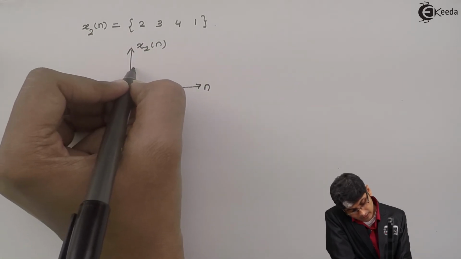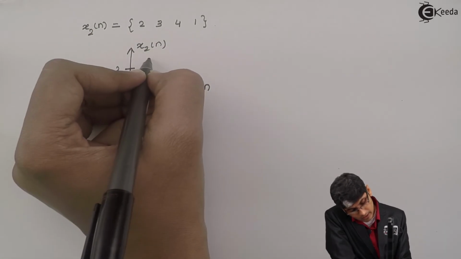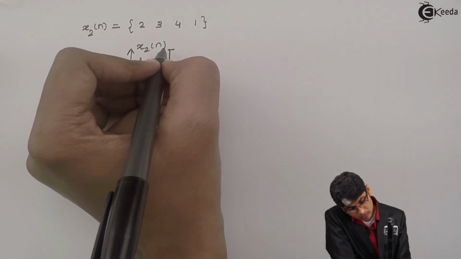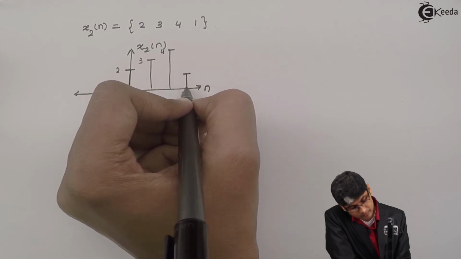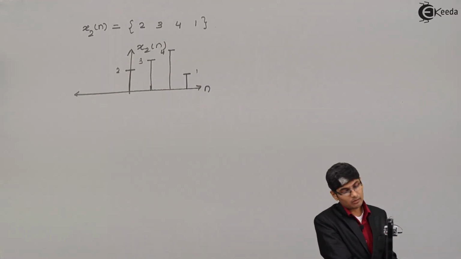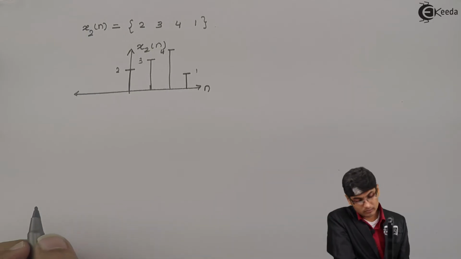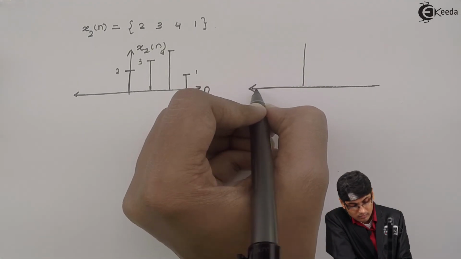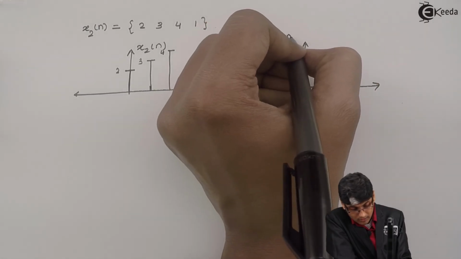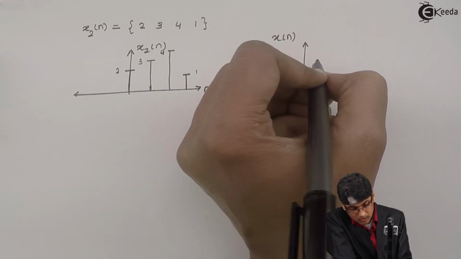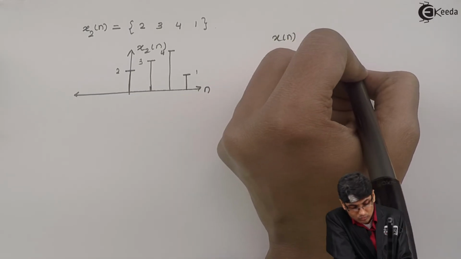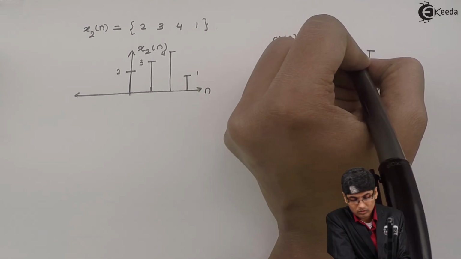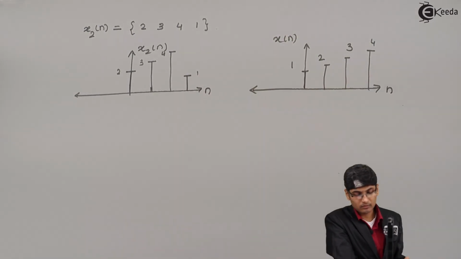I have, let us say this to be 2, then we have 3, then 4, and then 1. So we have samples 2, 3, 4, 1, and x of n is 1, 2, 3, 4, with n over here.